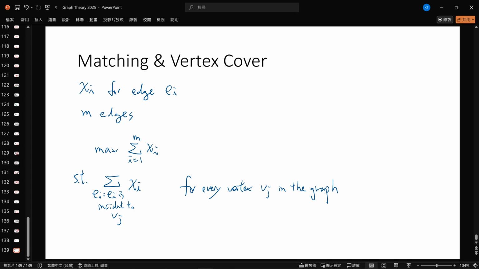The variables for these edges, their sum should be at most 1.